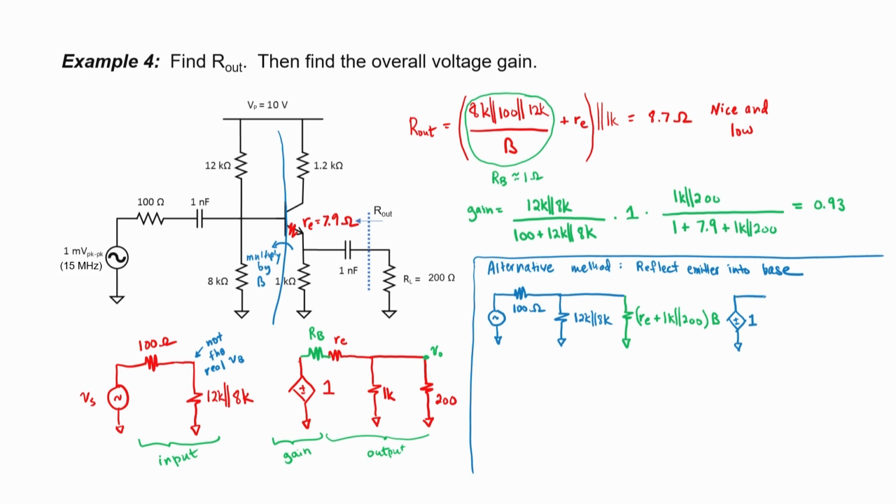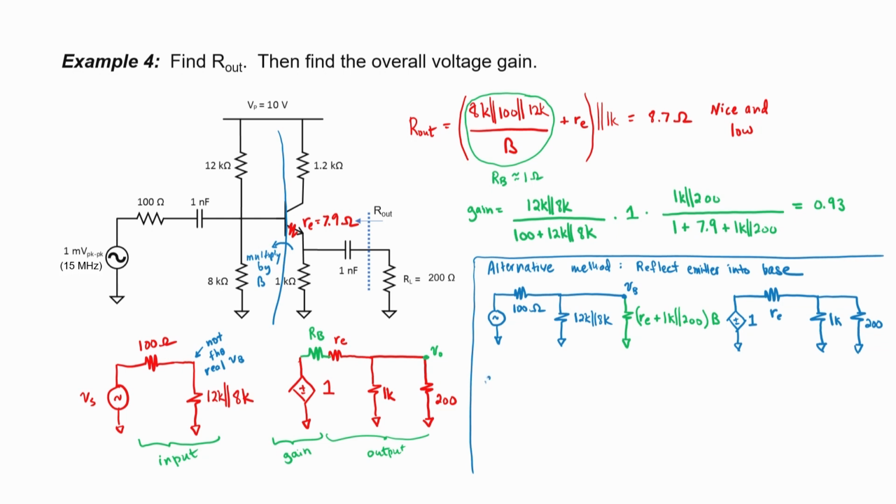However, now when I continue working on my output section, I shouldn't apply impedance reflection again. That would somehow double count the resistances. This is just going to be little r sub e. Overall, I like this method a little bit better because it gives you an accurate voltage at the base. The input impedance is also accurate. However, when you actually calculate the output impedance, you have to reflect the base impedances over to the emitter side.